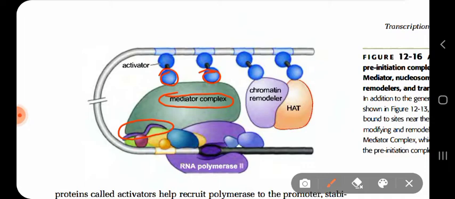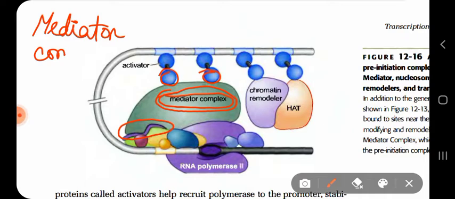Now, I have said where the mediator binds, but what is the central role of the mediator? Mediator helps in the initiation process by regulating the kinase activity of TFIIH. So what is the function of the mediator complex?